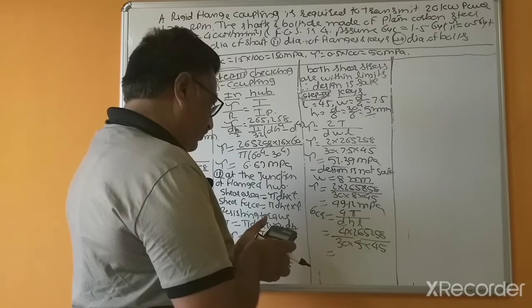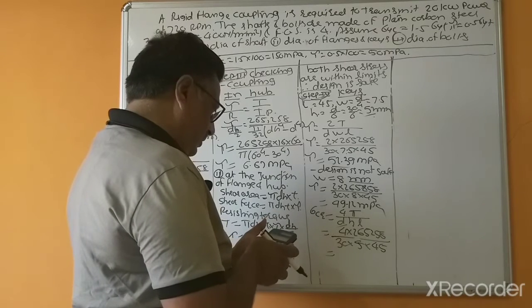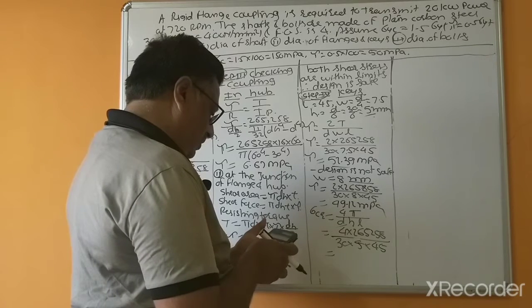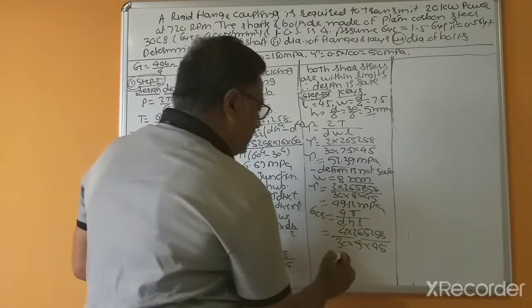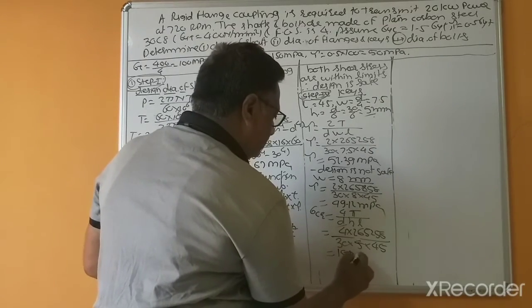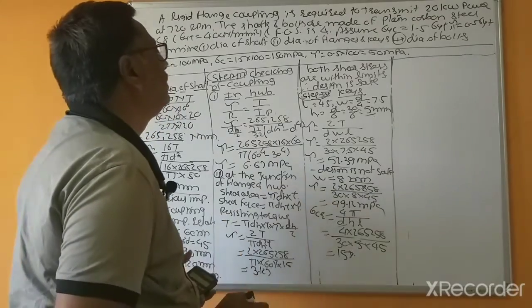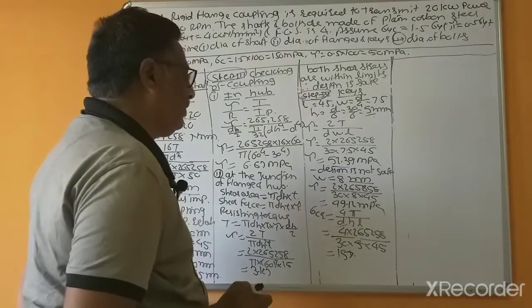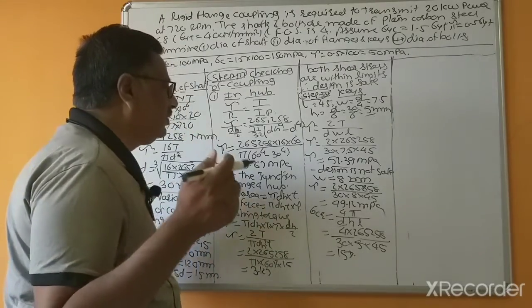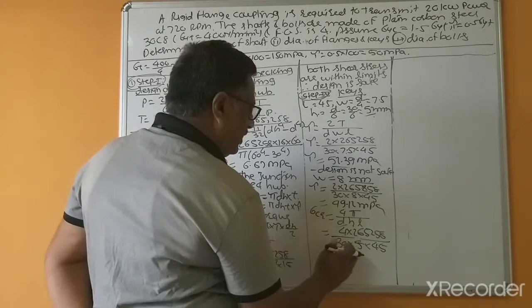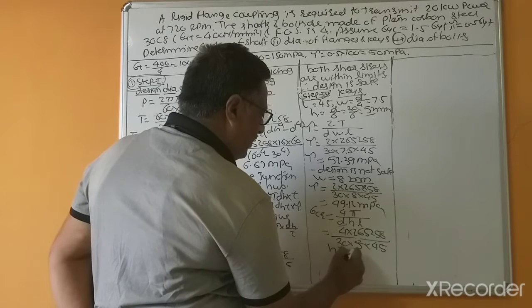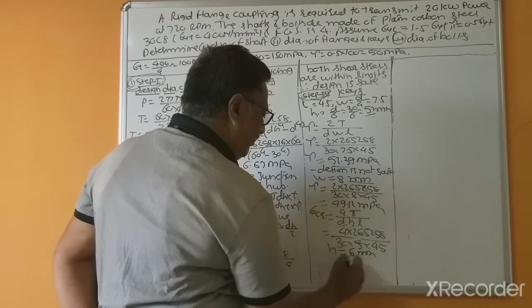Now 265,258 multiplied by 4 divided by 30 divided by 5 divided by 45. This is 157 point 18. And what we consider, this is 150, means yes, this also has to be increased. Height, if increased, 6 mm.